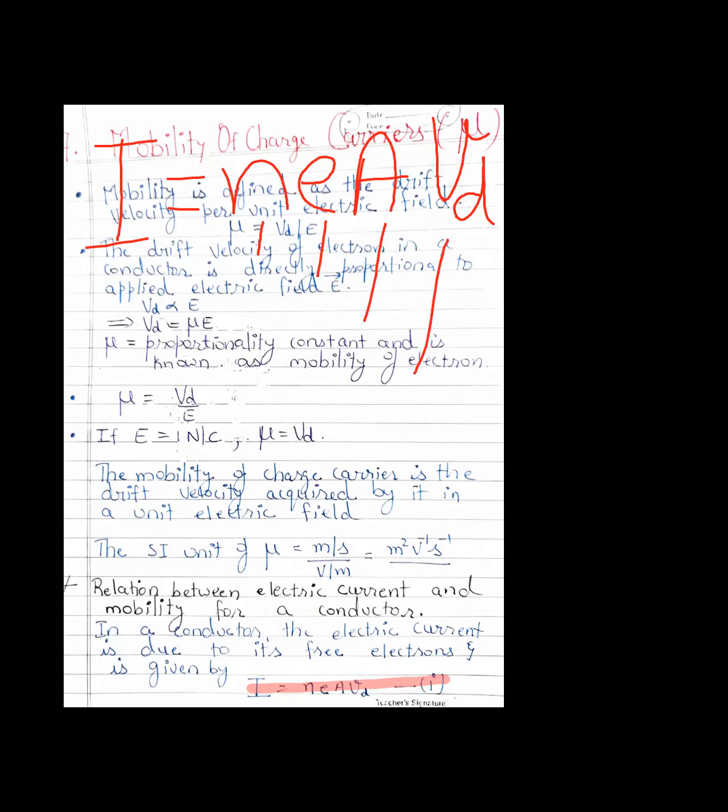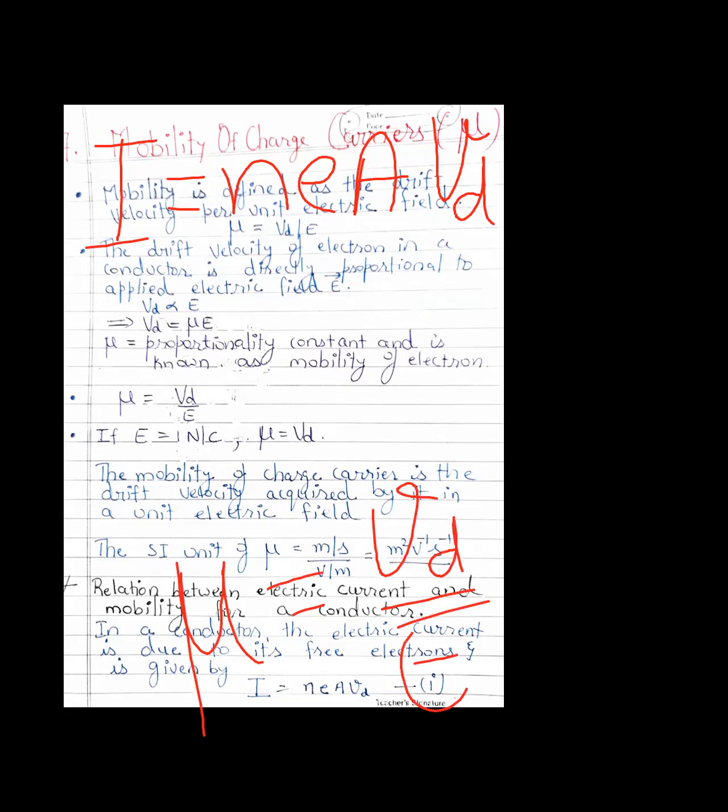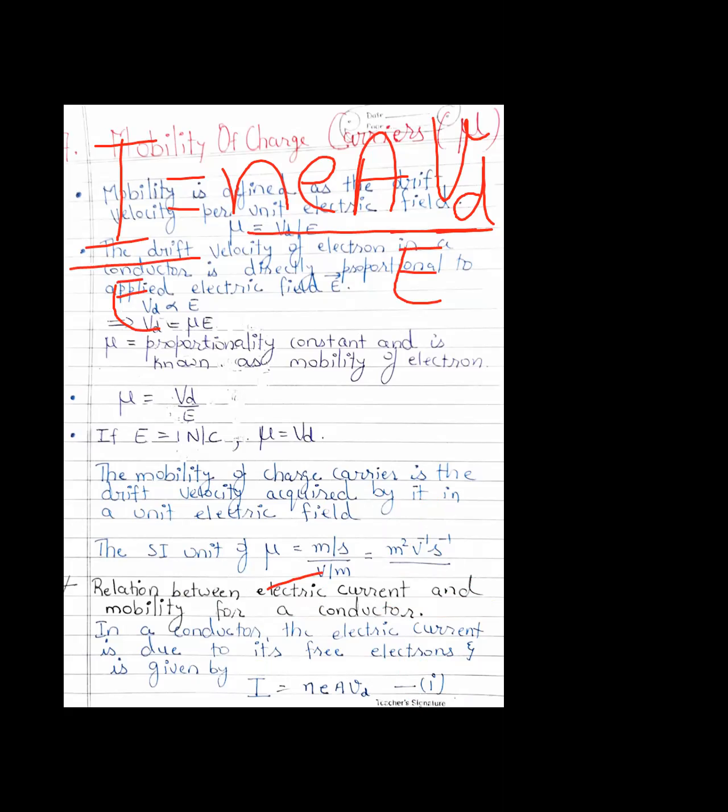Now here we need to derive the relation between current I and mobility mu. We know mobility mu equals Vd by E. So we will divide by E on both the sides, and Vd by E can be replaced by mu.